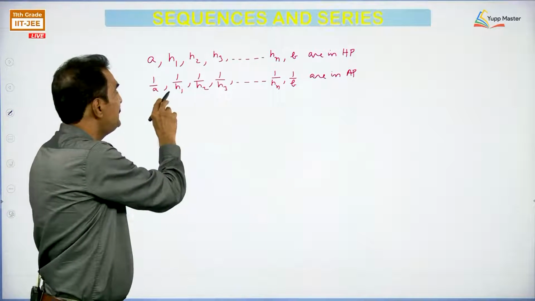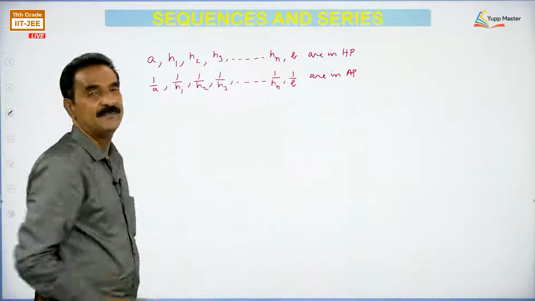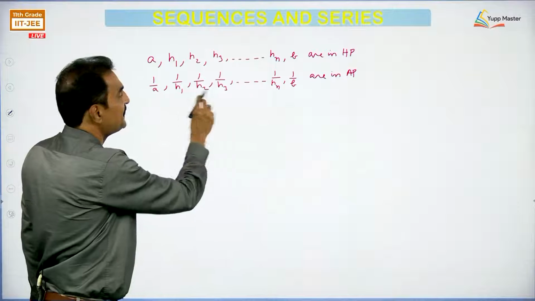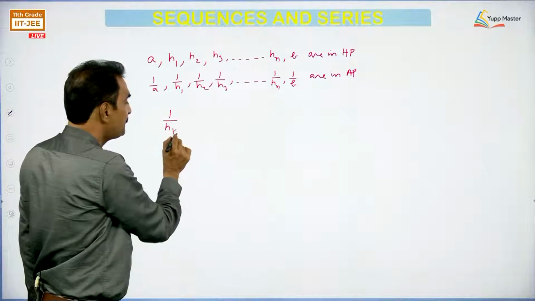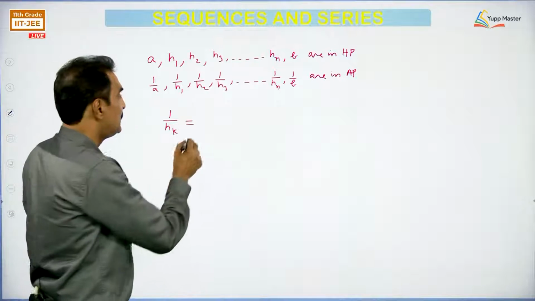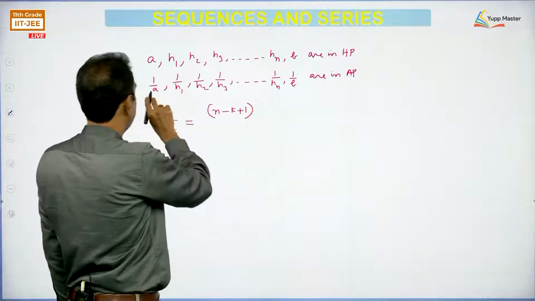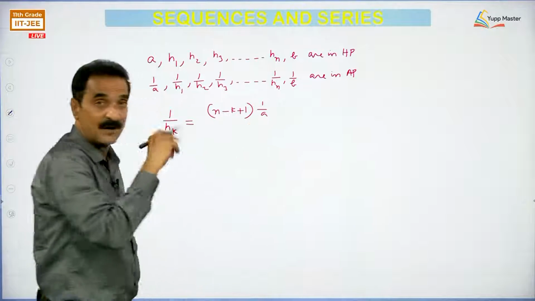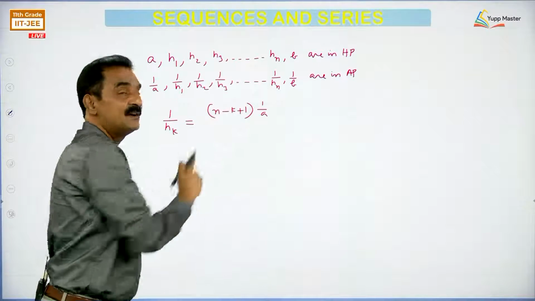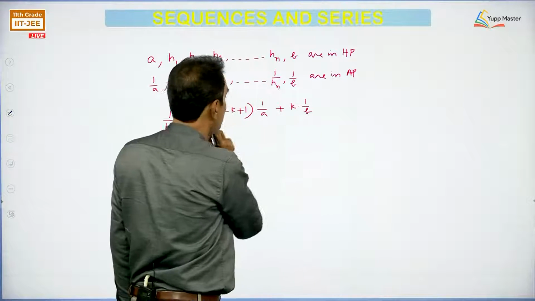Now, these numbers 1 by H1, 1 by H2 and so on 1 by Hn are called arithmetic means between 1 by A and 1 by B. Already we have derived the formula for the kth arithmetic mean. Here, what is the kth arithmetic mean from left? It will be 1 by Hk. So, for getting this, we can use the previous formula. The kth arithmetic mean is n minus k plus 1 into first term 1 by A. In the formula of that arithmetic mean, we have to replace A by 1 by A, because the first term is 1 by A, last term is 1 by B, into 1 by A plus k into 1 by B, by n plus 1.